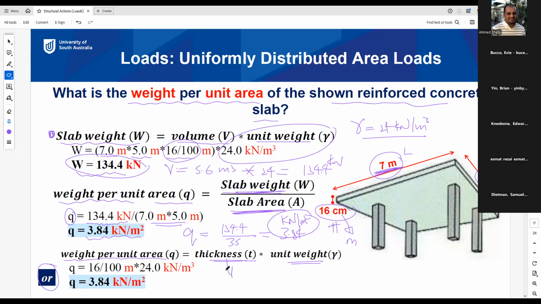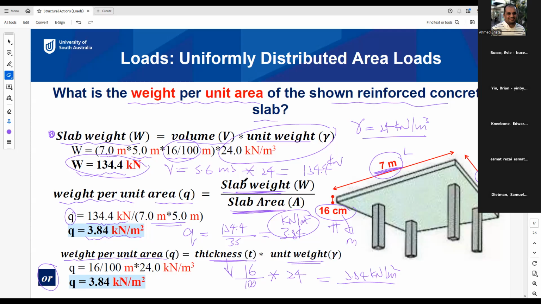So what is the thickness? 16 centimeters. So divide by 100 to get it in meter, times the unit weight, which is 24. This will give us the same value, which is 3.84 kilonewton per square meter. So these are two methods to find the weight per unit area of a slab or a roof or roof sheeting, because we will need this in our calculation. This is how to find it.